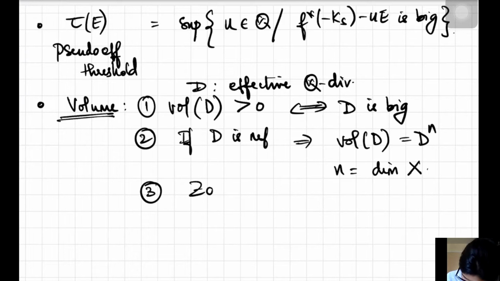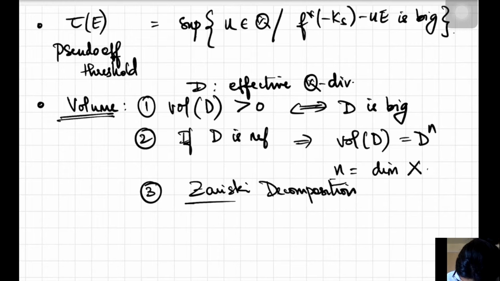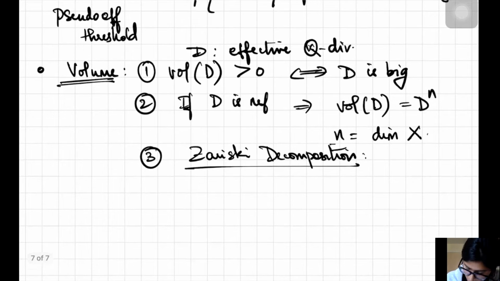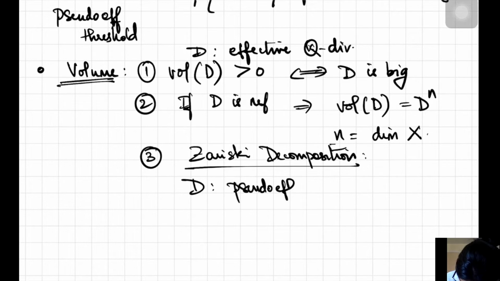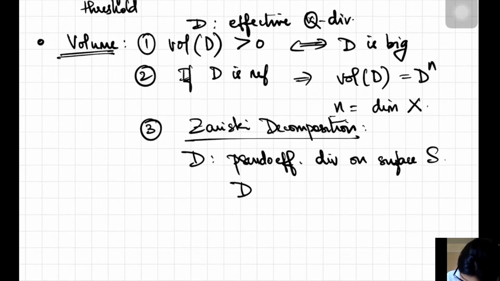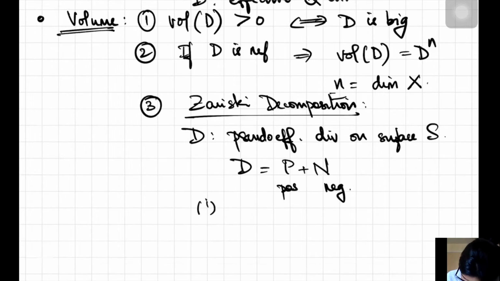Another thing that we would need is, in case your D was not nef, what do you do? So you have something called the Zariski decomposition in the case of surfaces, where D is just any pseudo-effective divisor on our surface, say if you're looking at surface S, then you can write this as a positive and a negative part, with certain properties.